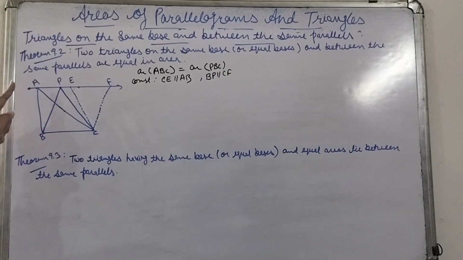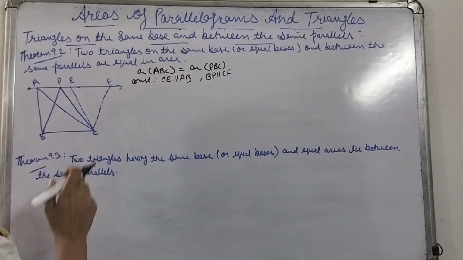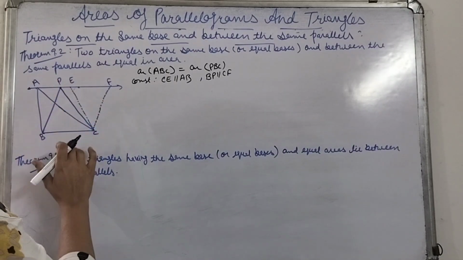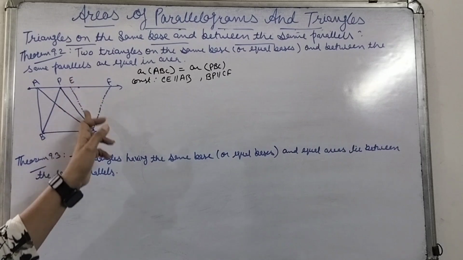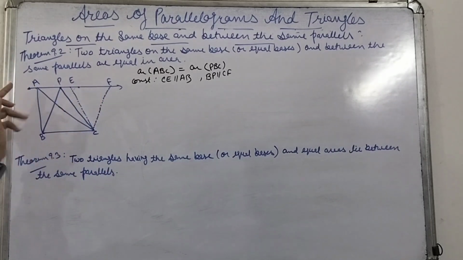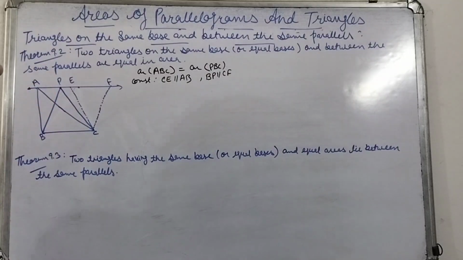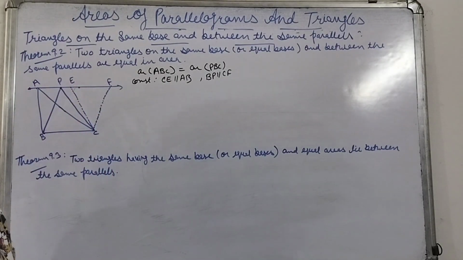Now we can see over here ABCE is one parallelogram and BPFC is another parallelogram on the same base and between the same parallels BC and AF. ABCE is a parallelogram because we have constructed CE parallel to AB, and already AE was parallel to BC, and when both pairs of opposite sides are parallel, we say the quadrilateral is a parallelogram.